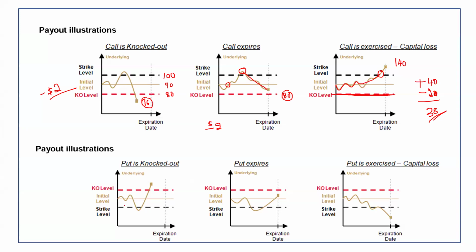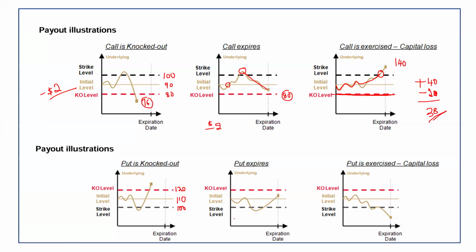Now in a put option, the underlying asset price needs to come below the strike price for the holder to make money. Assuming the initial level was around 110, the strike price was 100, and the knockout level was 120, if the stock during the life of the contract broke the knockout level, this option will become inactive.